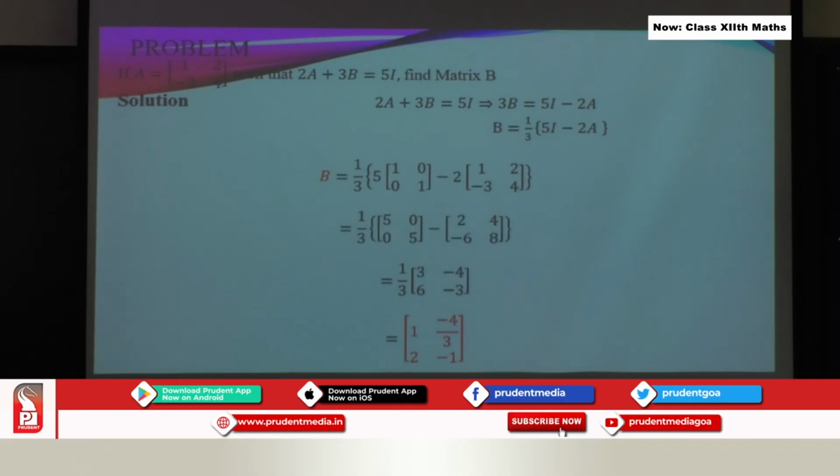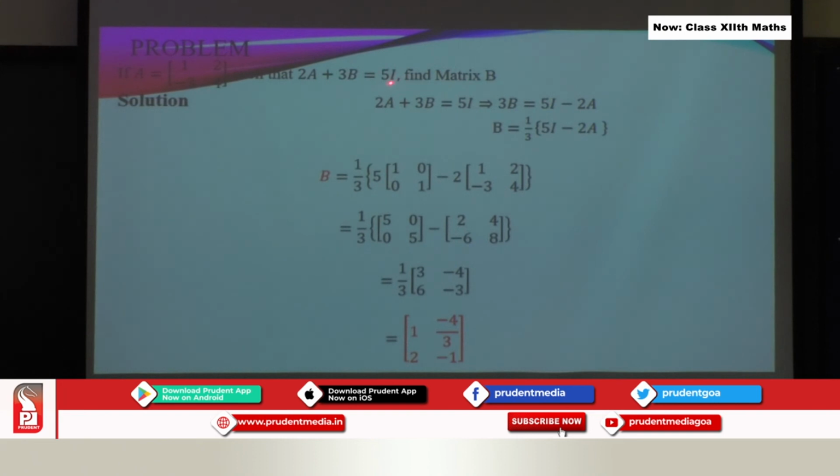The next problem: I have A equal to the matrix given here such that 2A plus 3B equals 5I. Find matrix B. I have matrix A given, and I need to find matrix B, but here I have I. What does it mean?